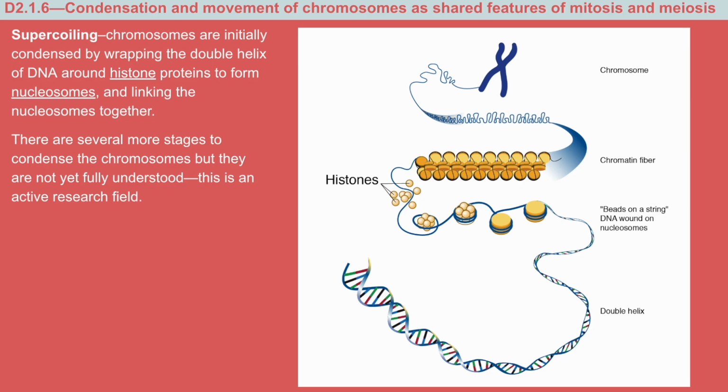Chromosomes are initially condensed by wrapping the double helix of DNA around histone proteins to form little packages called nucleosomes. Those nucleosomes are often referred to as beads on a string. Each DNA is wound around each set of 8 histone proteins 2 times, and then it's sealed with a linker histone protein.